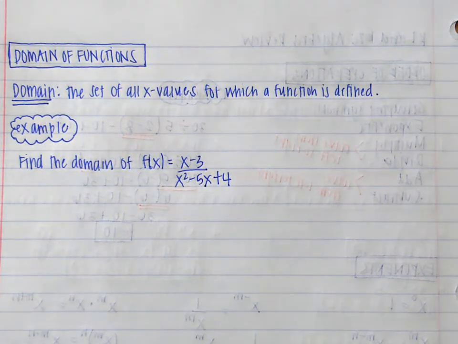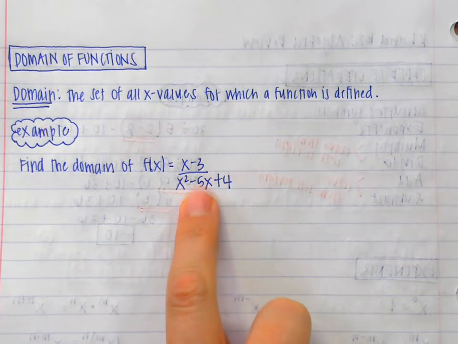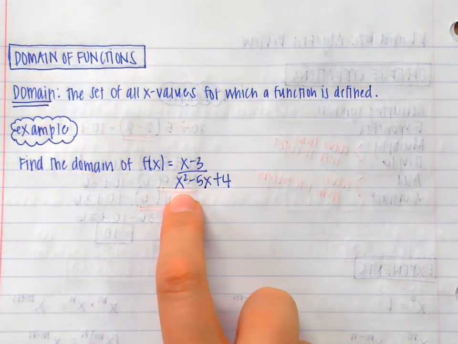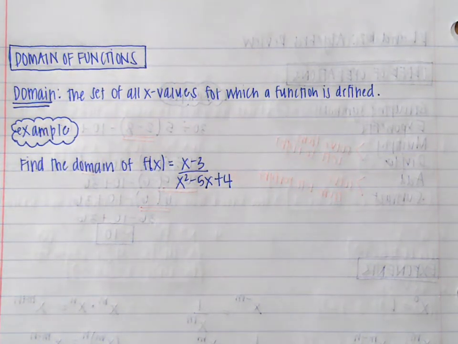So this is, like I said, a rational function. A rational function, again, has a variable in the denominator. So there's a variable x and there's another x in the denominator. So if we think about a fraction, what makes a fraction not work? What makes a fraction kind of like explode? Maybe we're thinking a positive number.